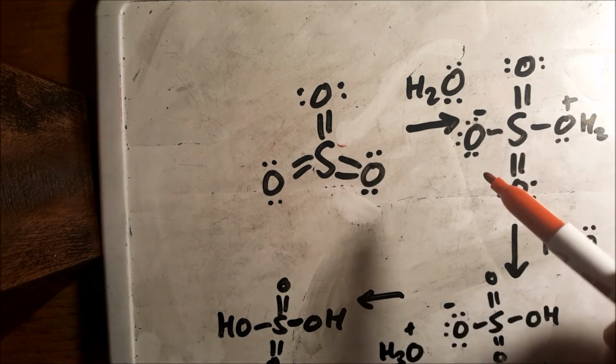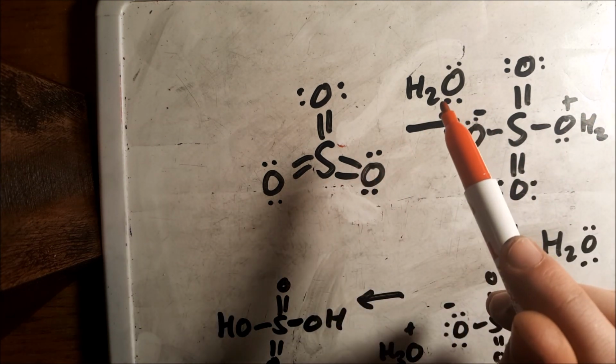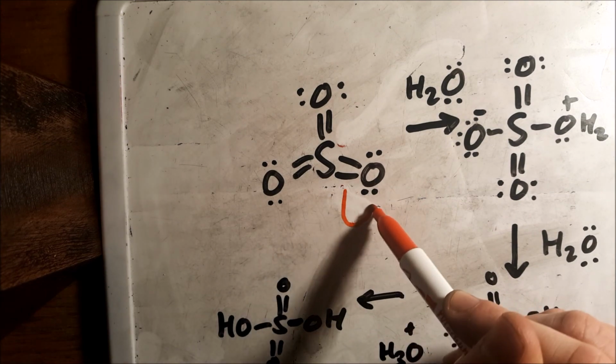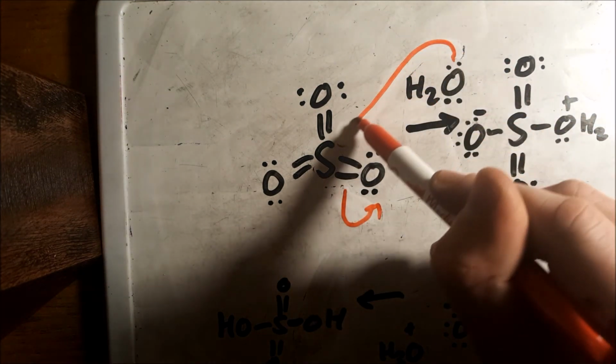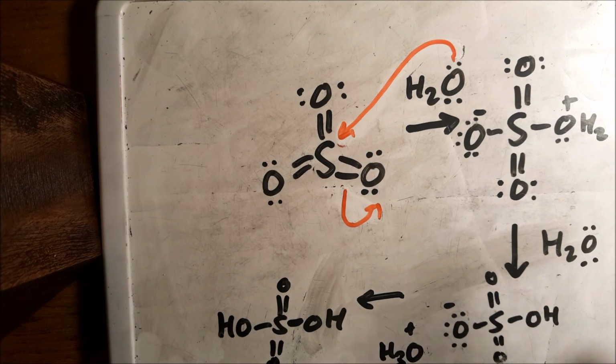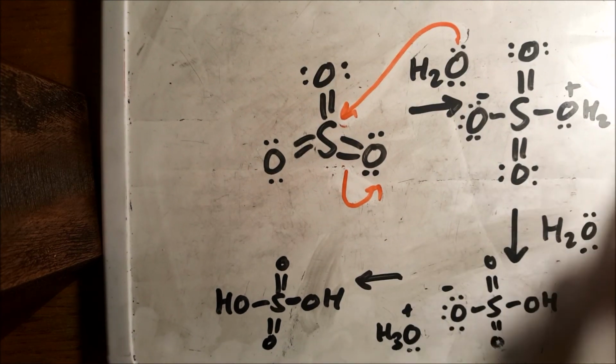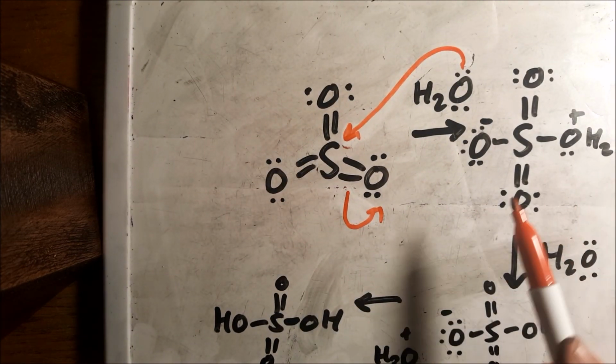Okay, what's going to happen? The water in the air is going to come and attack the sulfur, right? Because sulfur can't form another bond, it's going to form an oxygen with a minus charge.